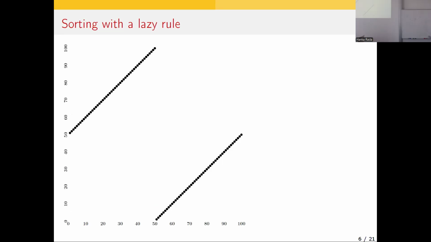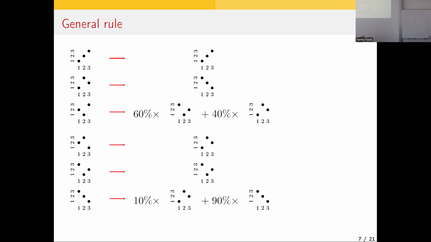Yeah, it will not, because if, for example, you start with this permutation, then in every step it will look like this. Nothing new happens. So you can see that it really depends on how exactly the rule looks. And in general, the rule can look like this.